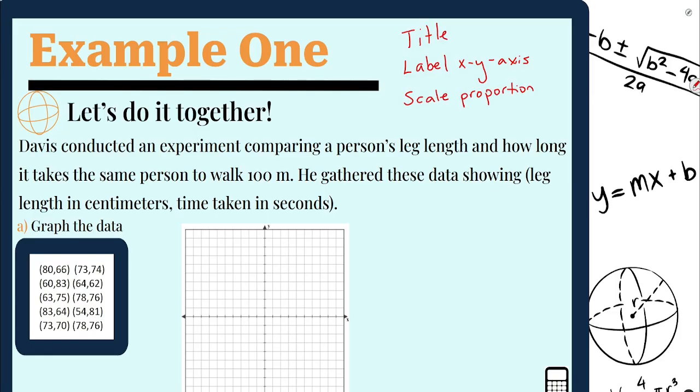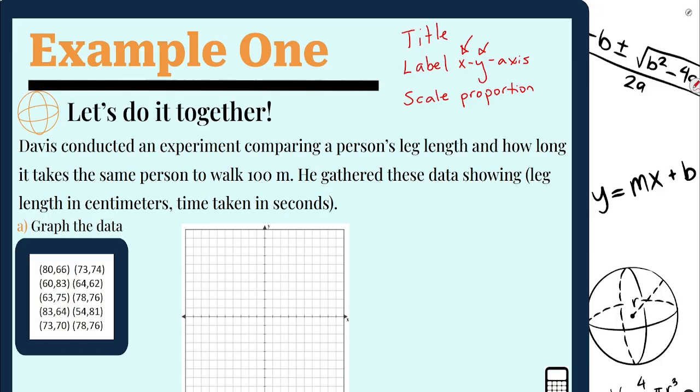Like we talked about with the beats per minute example, you can have that break in the line so that you can show what you're representing. We also want to focus on which data set variable goes on the X and which goes on the Y axis. So we need to think of what is dependent and what is independent.